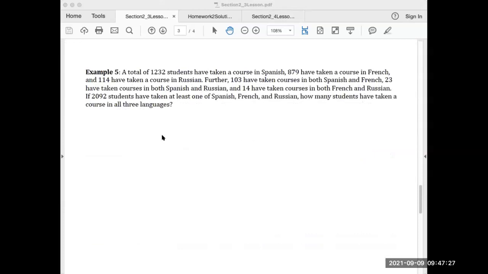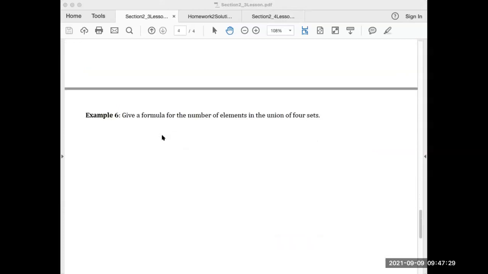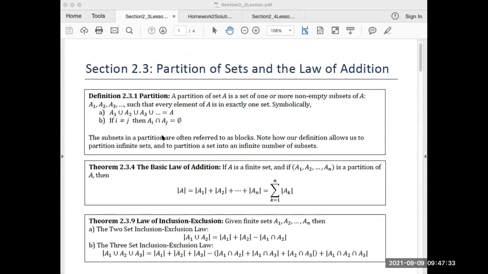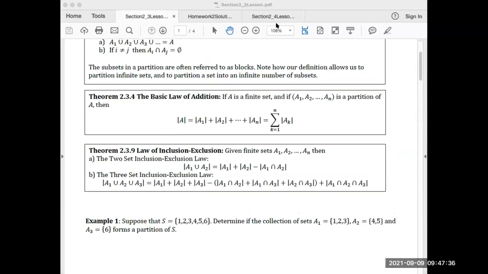Okay, all right, so now this comes to the law of addition. This theorem, the basic law of addition. I told you last time that there are two basic rules for combinatorics.